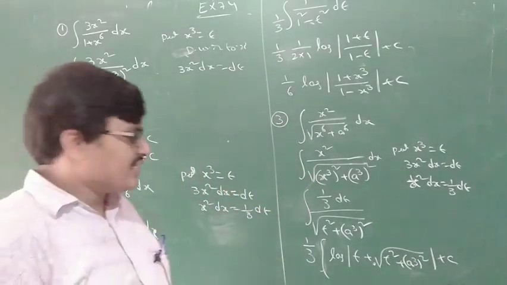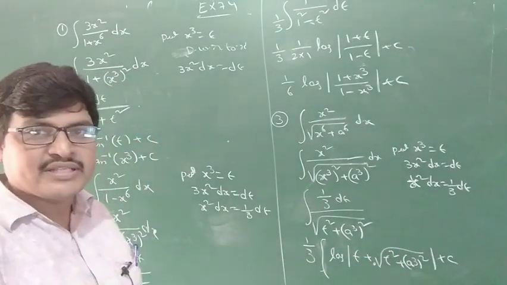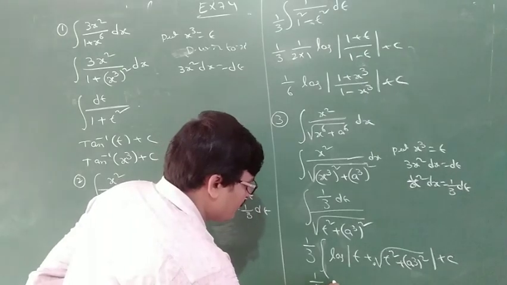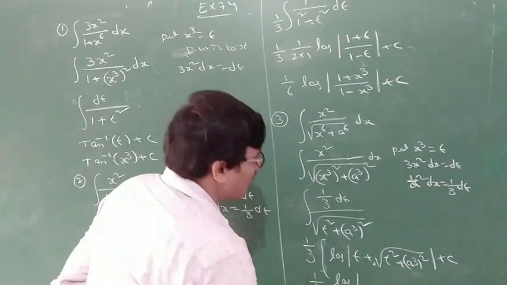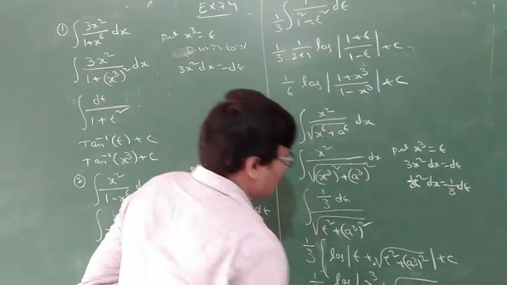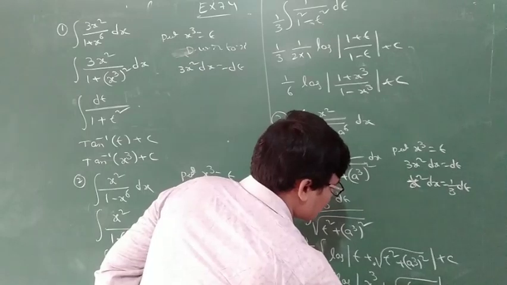So that is equal to 1 by 3 into log mod of t, that is x cube, plus root of x cube whole square plus a cube whole square, that is x power 6 plus a power 6, plus c.